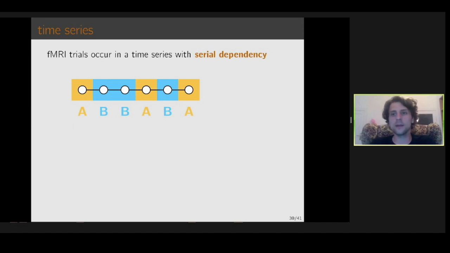So the first and the second are closely bound together, the second and the third, and the fourth and the fifth, and so on, which can be visualized in this way.